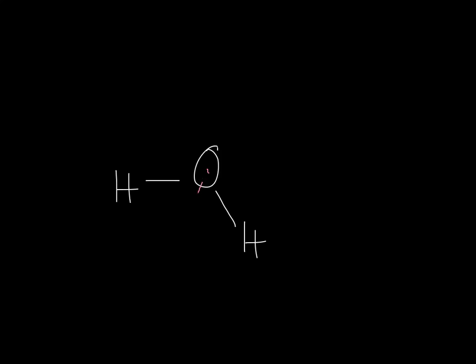So what would happen is, because this end of the molecule is slightly negative and this side of the molecule is slightly positive, I've drawn my bonds within the molecule, or the intramolecular bonding, with a straight line or a dash, and then I'm going to draw the intermolecular bonding, or the attraction between the molecules, as a dotted line, so you can kind of get the idea there.